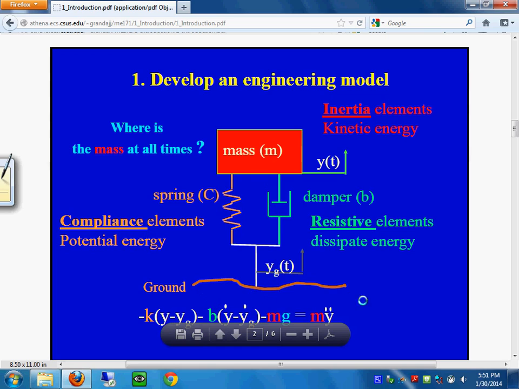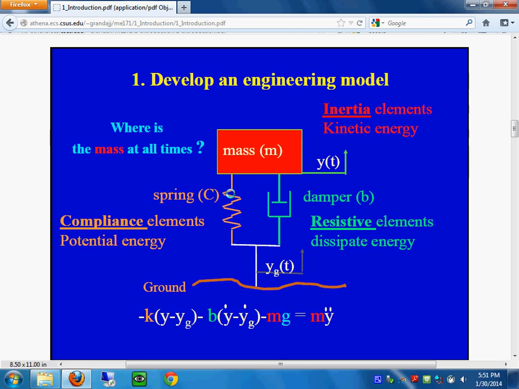This is also color coded because I want you to see the distinction between the elements. This element is used for storing potential energy. This one is used for dissipation of energy because it's a resistive element that damps the motion and dissipates energy.